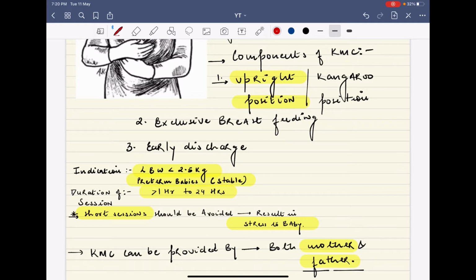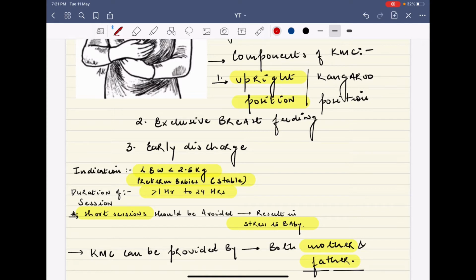Now the mode of nutrition in kangaroo mother care is exclusive breastfeeding, either by paladai or spoon. Here we give expressed breast milk, as in low birth weight babies the rooting reflex is less developed and there is a difficulty for the child, so we have to provide the milk by either paladai or spoon, because in low birth weight babies there is a lack of coordination between rooting, swallowing and sucking.